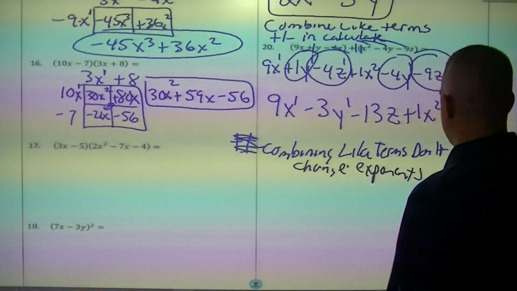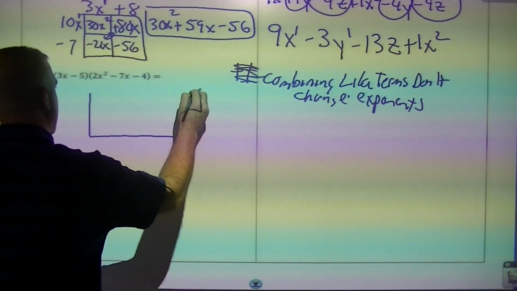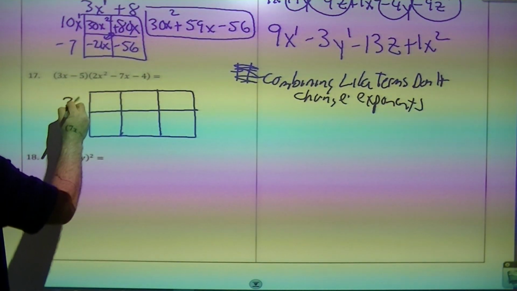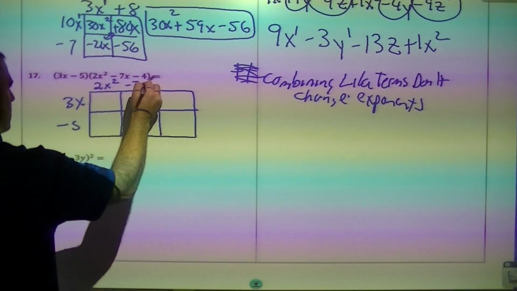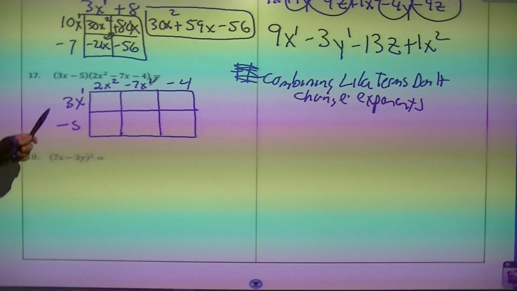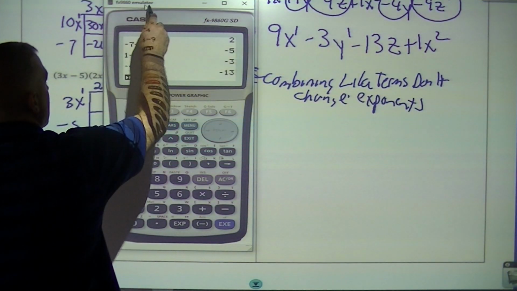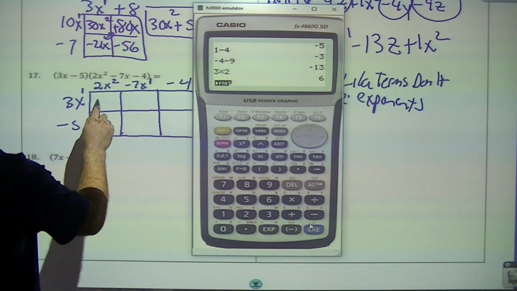All right, so we're doing more multiplication. So I got two terms, so 2 terms by 3 terms. I'm going to put a 1 for that exponent, 1 for that exponent. So once again, back to multiplication. 2 times 3, 3 times 2 would be 6x.